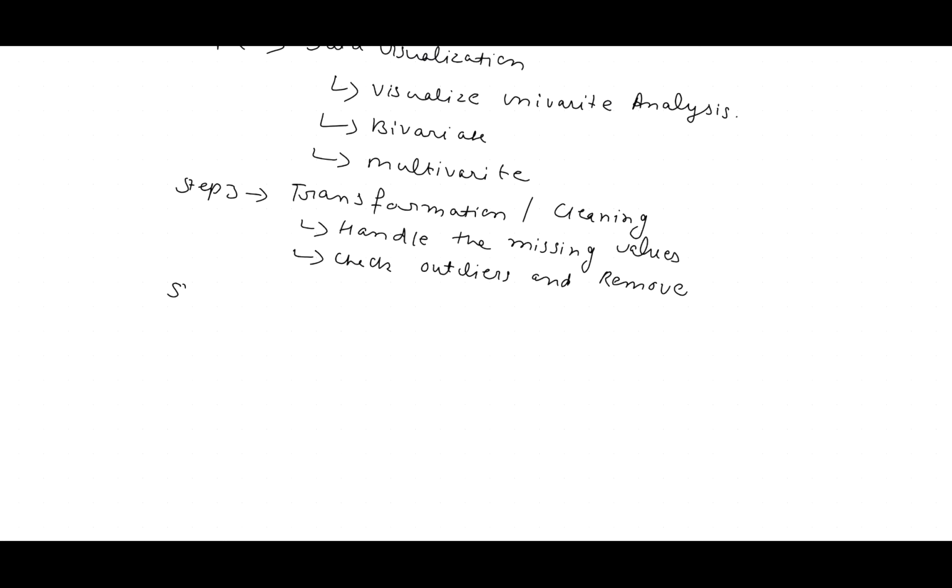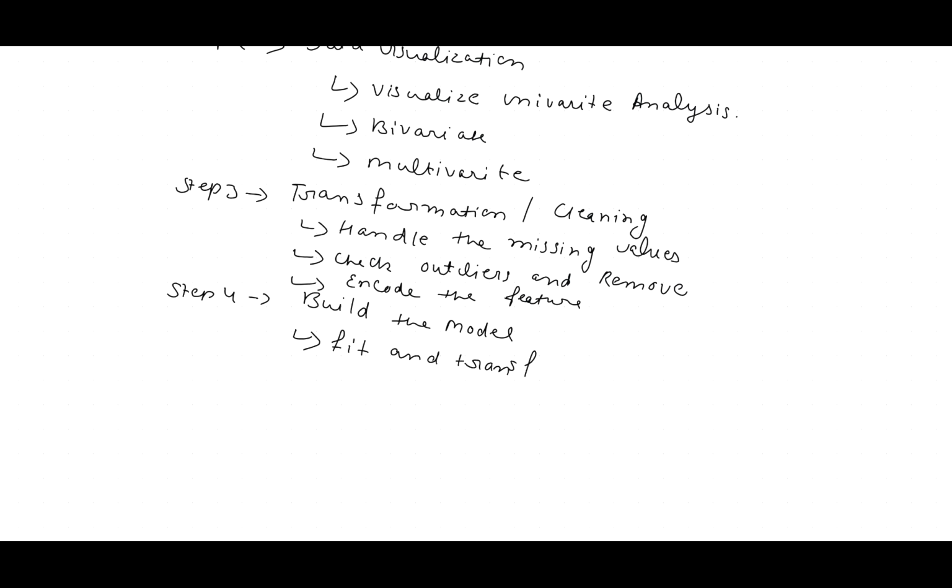And then in step 4, you will build the model because your data is ready. In this, we will encode the features too. If there is any categorical feature, then you can convert it into numeric. Okay. Now we will build the model. Here you will fit and transform the data and fit the model.